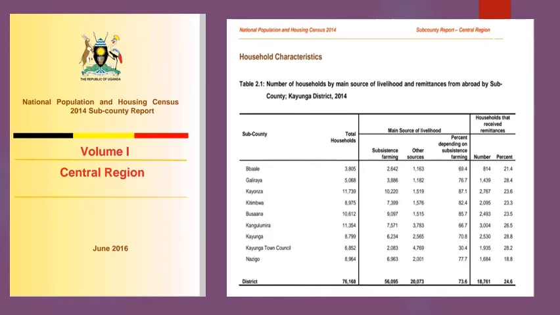Now for this case, it will be the National Population and Housing Census of 2014, which clearly states the number of households in every sub-county within Kayunga district. And it is this number of households that we will use to come up with the sample size for the households we need in each sub-county.